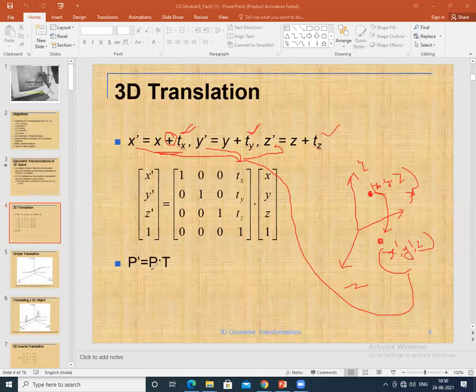Finally, the point P is multiplied by the translation matrix to get a new point P dash.